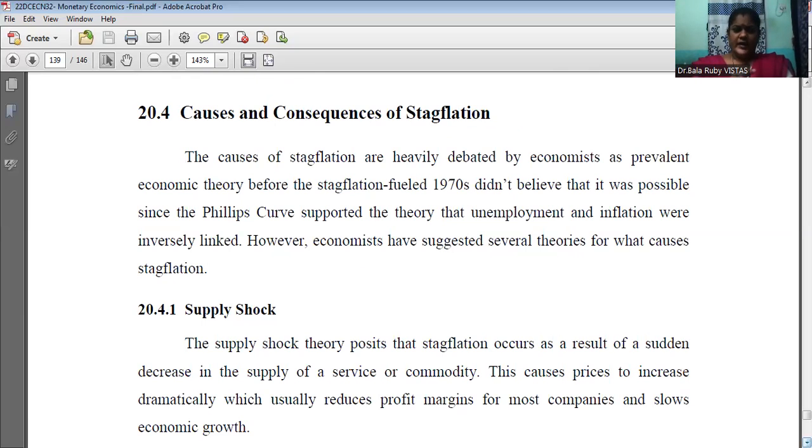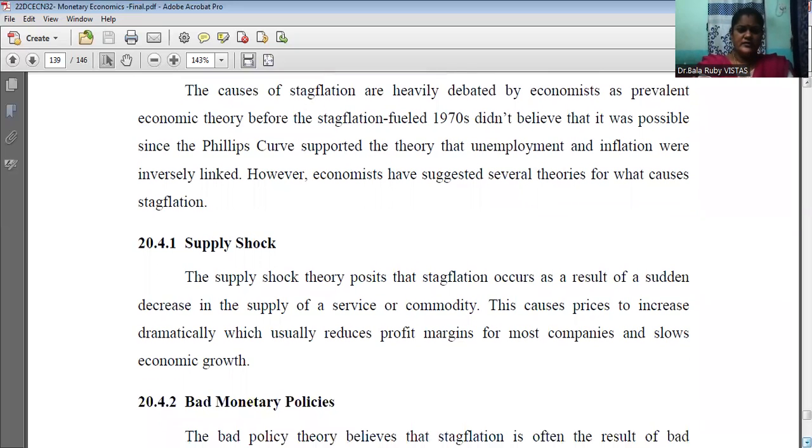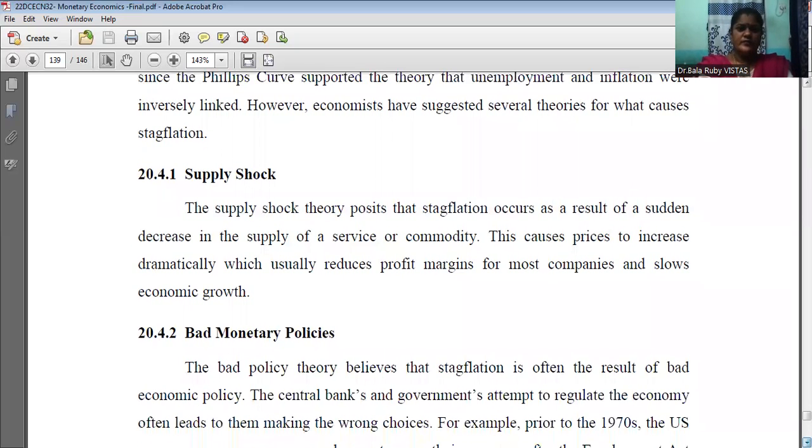However, economists have suggested several theories for what causes stagflation. The first is the supply shock.